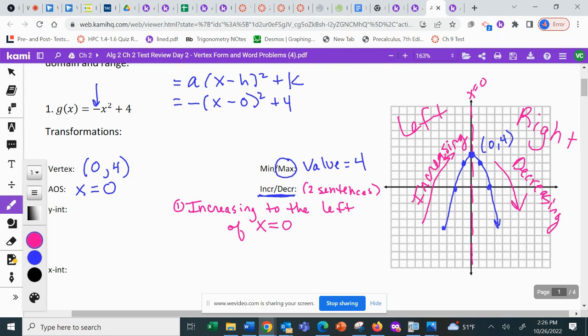So on the left, we are increasing. That's what I wrote, increasing to the left of x equals 0. That was sentence number 1. Sentence number 2, we're looking on the right side, decreasing to the right of x equals 0.